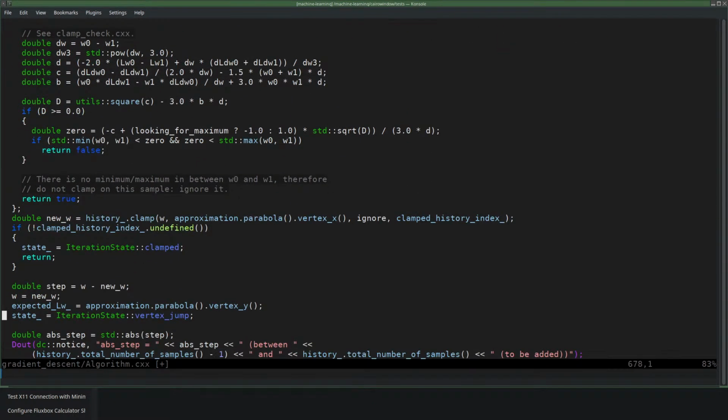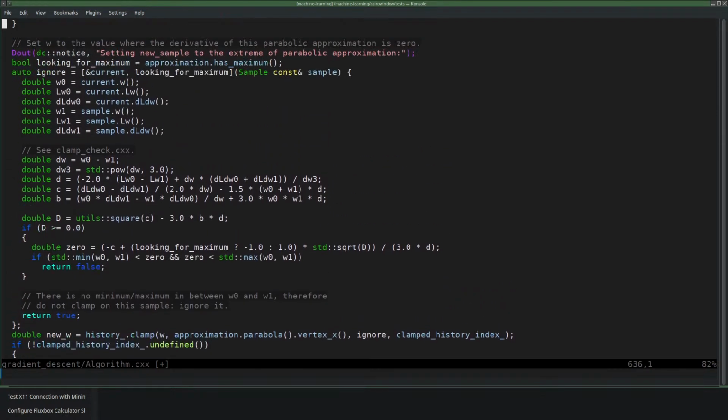I'm confused to see this. This looks like initializing parabola. Already did that. Why is that happening here as well?